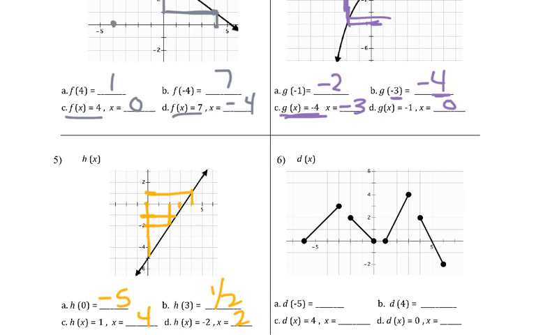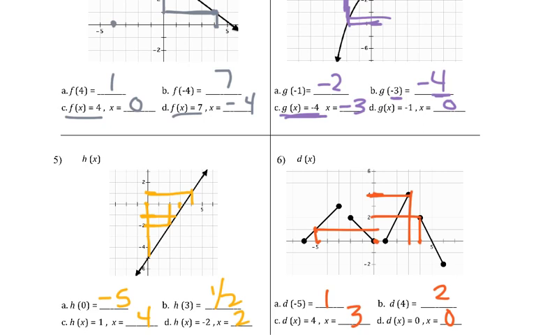And finally, d of x. D of negative 5 hits at the y value of 1, d of 4 hits the y value of 2. D of x equals 4, y value of 4 hits at x value of 3, and 0 hits at 0, so x equals 0.